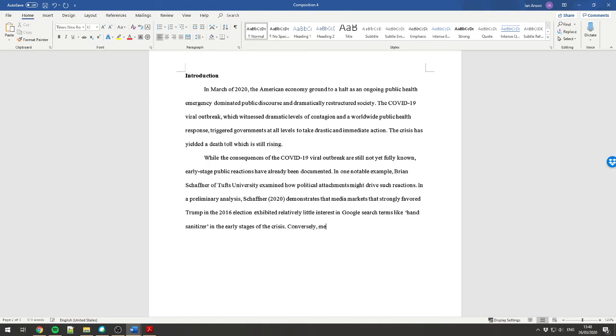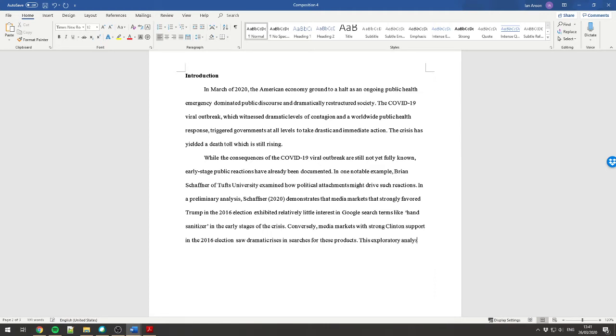Conversely, media markets with strong Clinton support in the 2016 election saw dramatic rises in searches for these products. This exploratory analysis, we might call it.